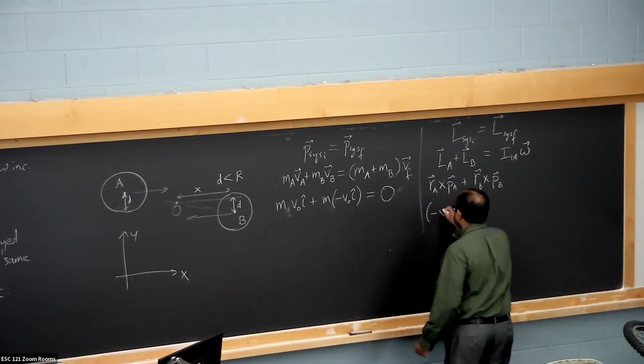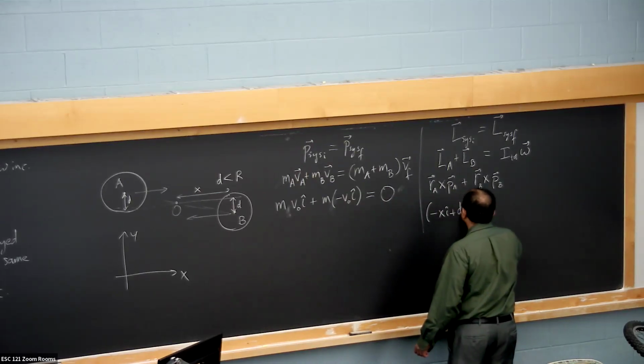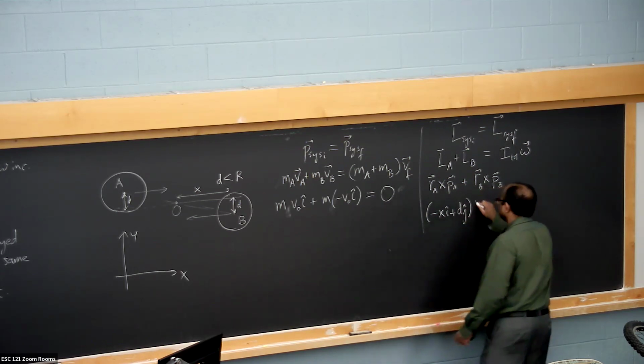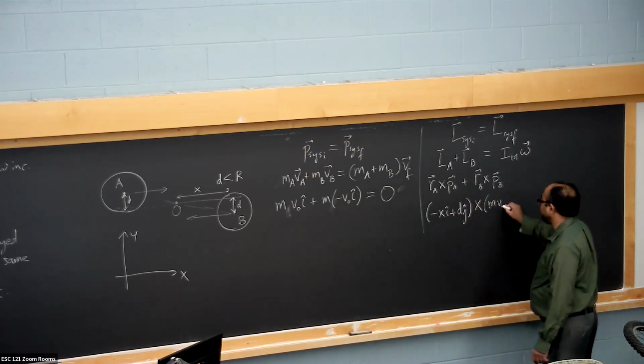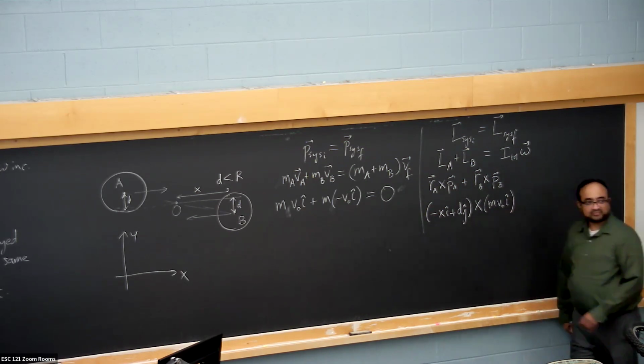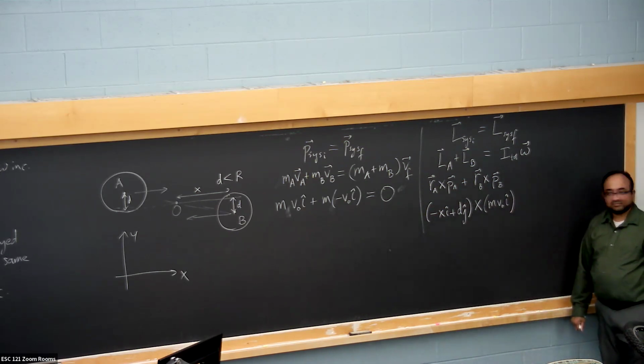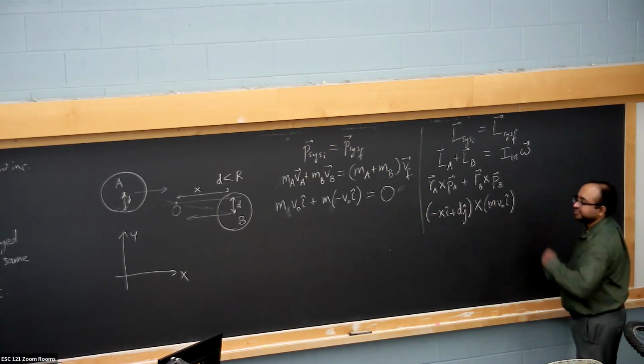And then P_A we've seen already is just M V naught i hat. That's in the positive direction for A.